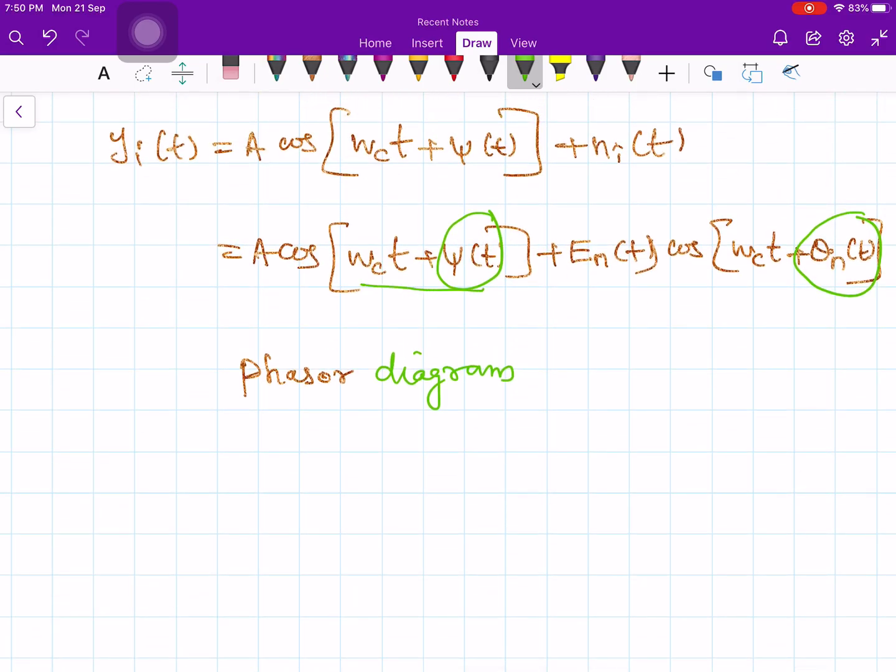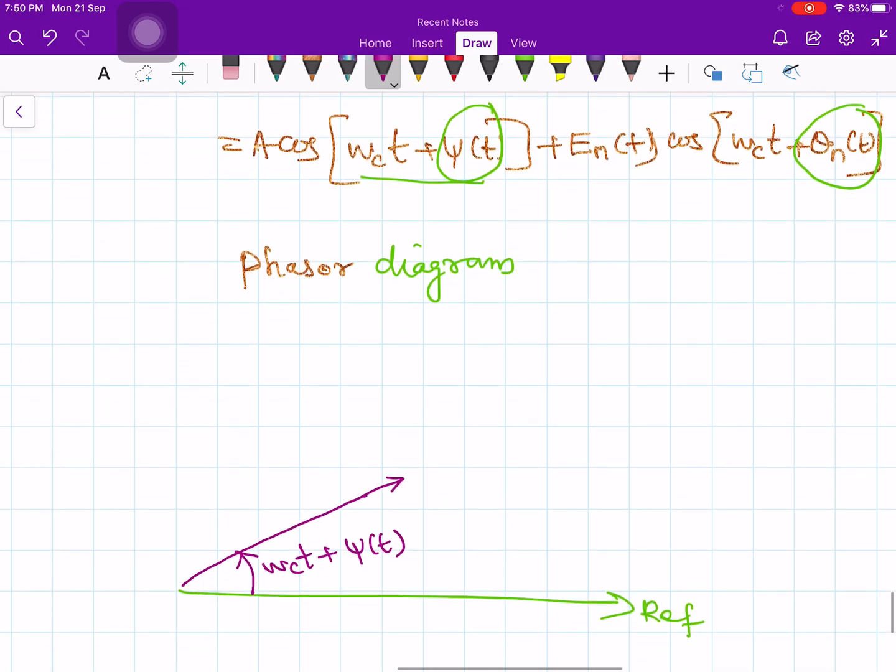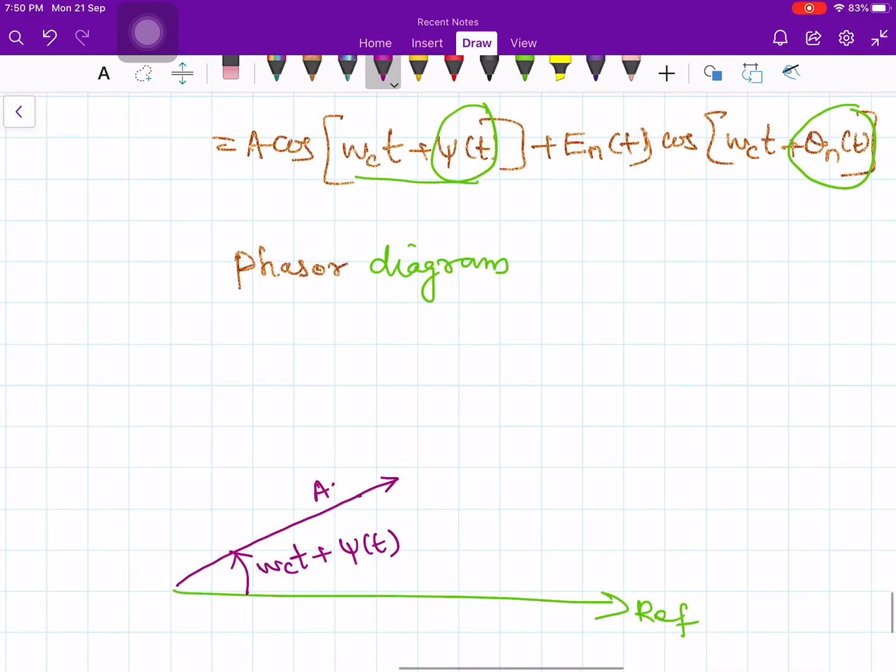Therefore, let me draw a phasor with a certain angle. This is omega c t plus psi of t, and this vector length is how much? A. Let me denote it like this, the length A, the maximum vector length.